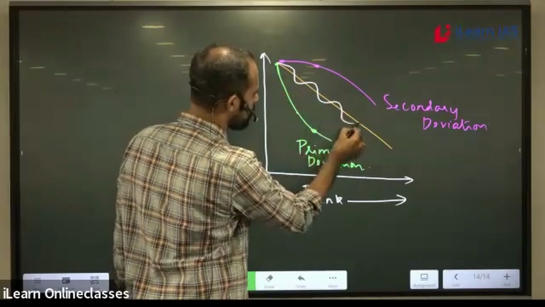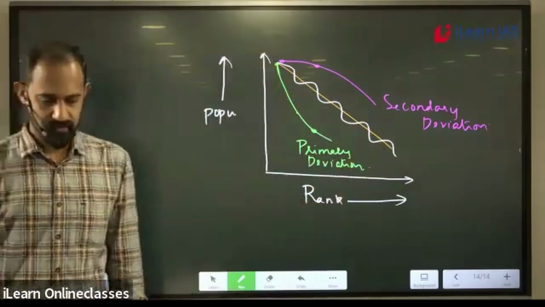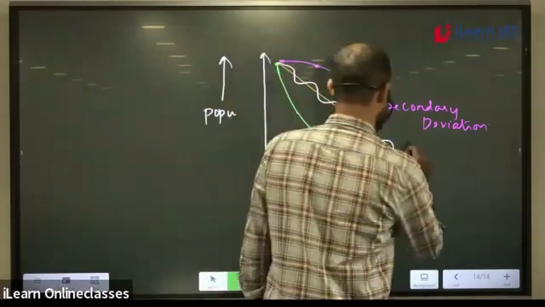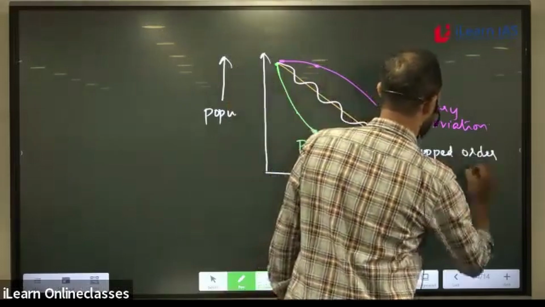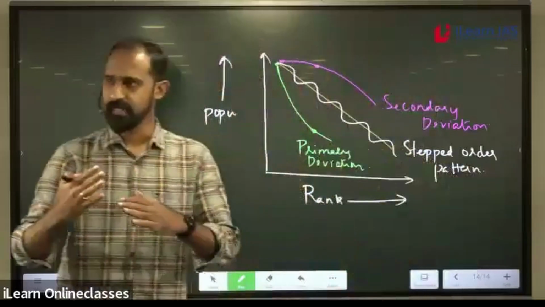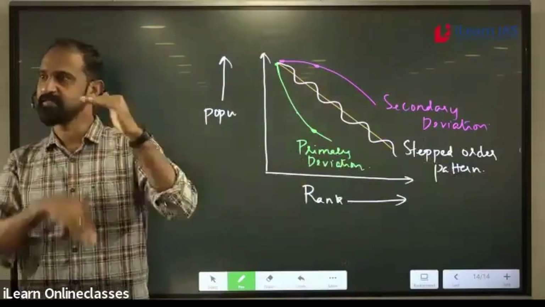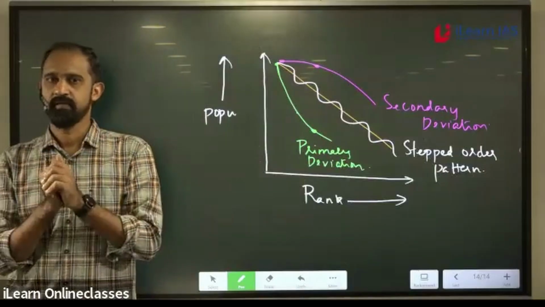Okay. So this is also possible. Okay. So this is called stepped order pattern. Few cities, maybe one or two cities will be almost same size. Suddenly, that set of cities and the next city, the difference will be high.